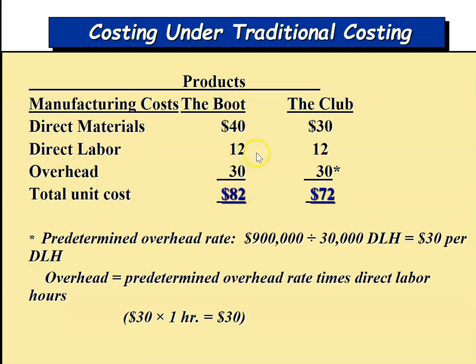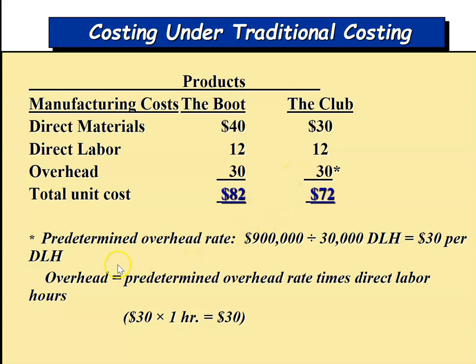Direct labor is going to be $12 for each product because it just so happened that it took 1 hour to make each product. If it only took 30 minutes to make this one, we would put a 6 here. But they both take 1 hour, so direct labor costs are $12. Overhead is applied based on that single rate, $30 to each product. Why? Because it takes 1 hour to make them.